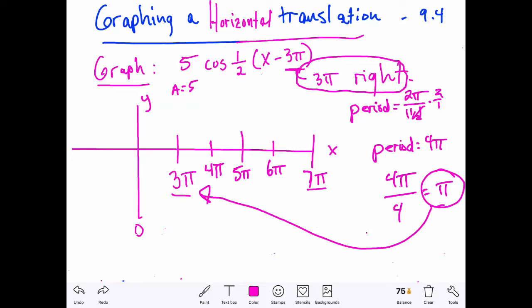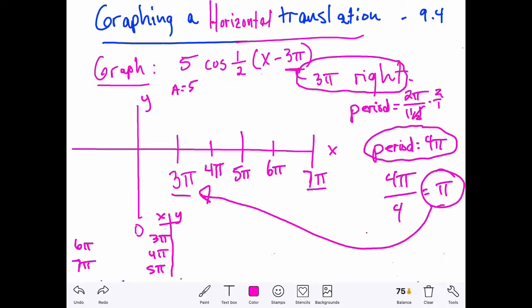Okay, so don't forget, take the period length here, divide it in 4, and you're going to add whatever that section is to your starting point. Not to 0, but to wherever your horizontal shift had shifted it to. Okay. Now let's make a table. Three pi, 4 pi, 5 pi, and of course 6 pi and 7 pi as well.